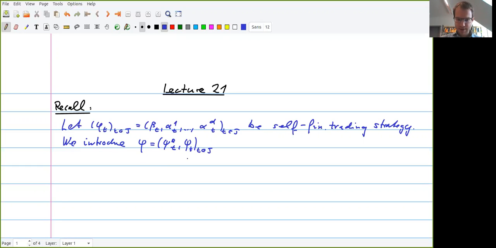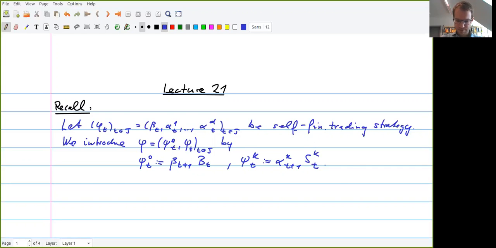So C0 at time t is just the amount we have in terms of the risk-free asset, and CKT is the amount we have in terms of the risky asset.